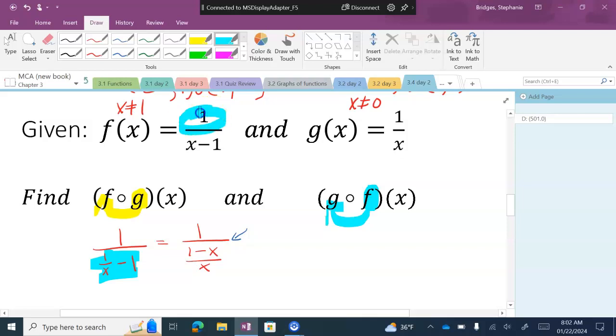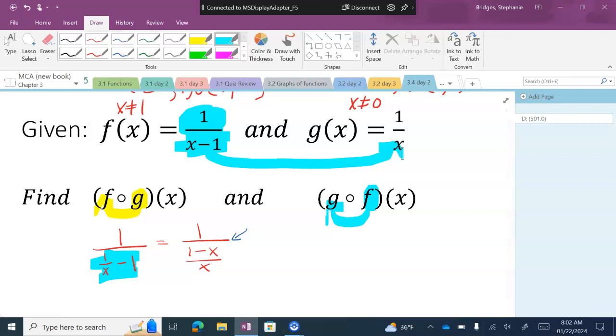Okay. So let's take the entire f function and put it in place of x here. Okay, so my g function starts out with 1 over, but in place of x, I'm putting this entire piece, right? So that's going to be 1 over x minus 1.